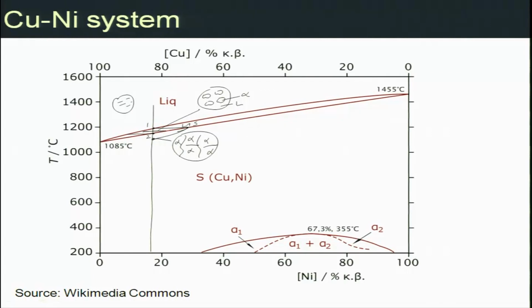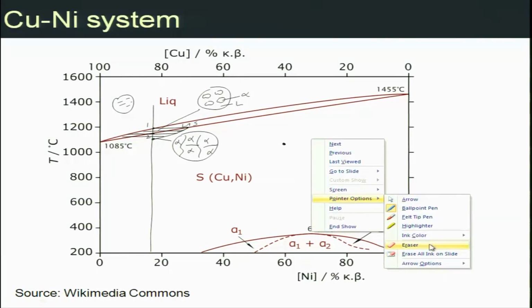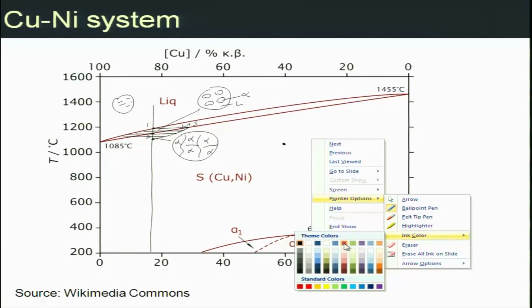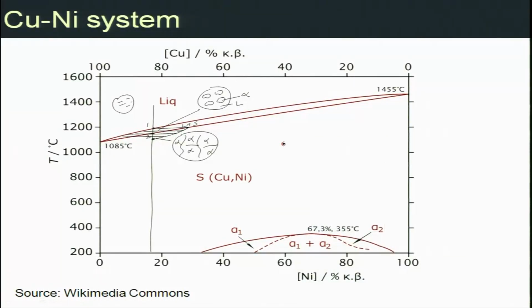So your composition keeps shifting, and because of non-equilibrium cooling you will have the first alpha forming of one composition, the next alpha that forms is of a composition which is, let's say, this composition.